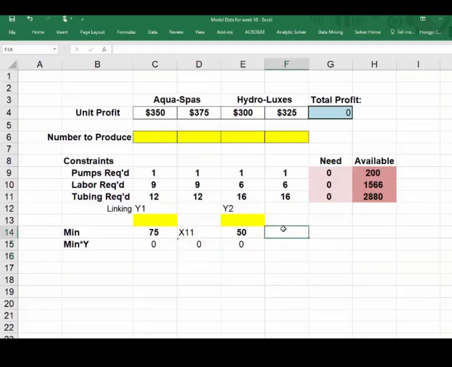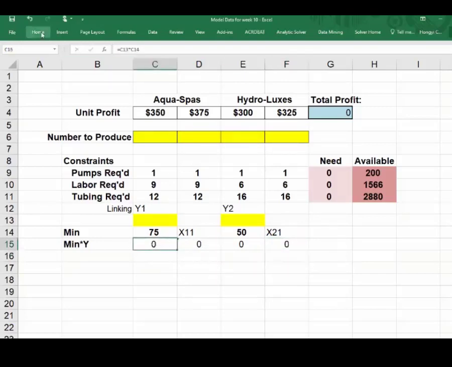Same, x21 equals to this value here. You just need to be very careful that you refer to the right cell. This one is the x11 value here, and this one is the x21 value. It's this one here.